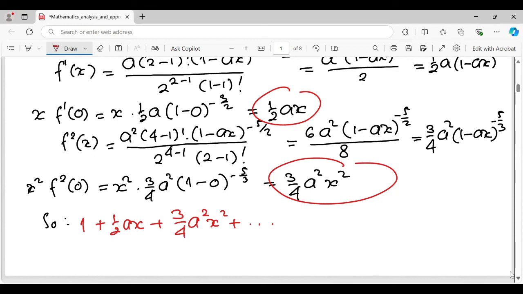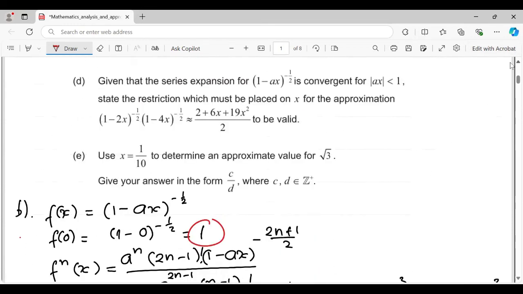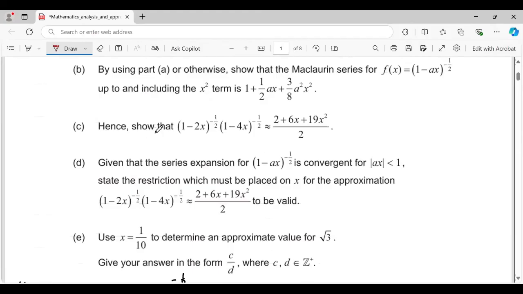Next, part C. Hence, show that (1 minus 2x) to the power minus half times (1 minus 4x) to the power minus half is equivalent with 1 plus 3x plus 19x squared over 2.